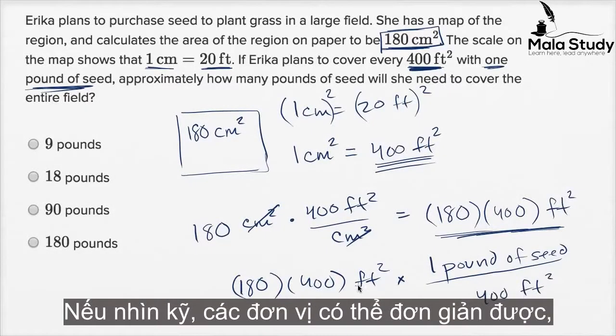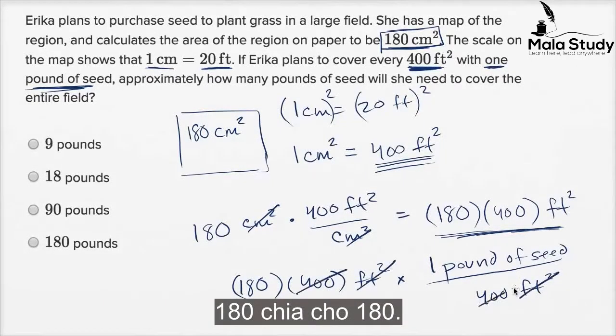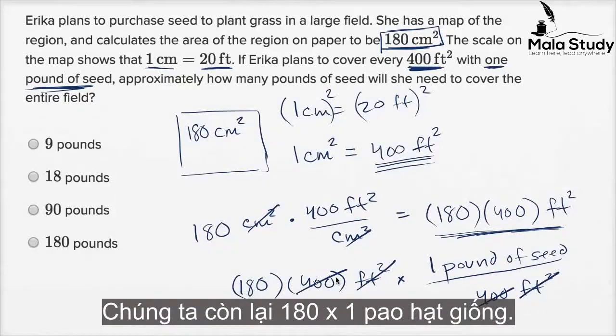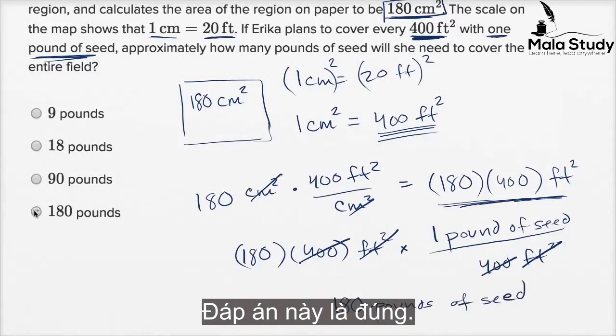If we look at it, the units cancel out. Square feet divided by square feet. And then we have 400 divided by 400. And we're left with 180 times 1 pound of seed, which tells us that we're going to use 180 pounds of seed, which is that choice right over there.